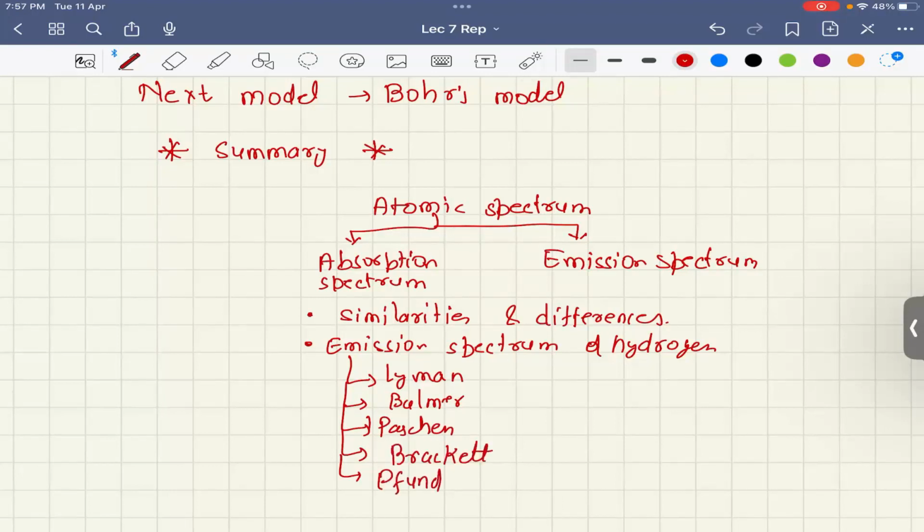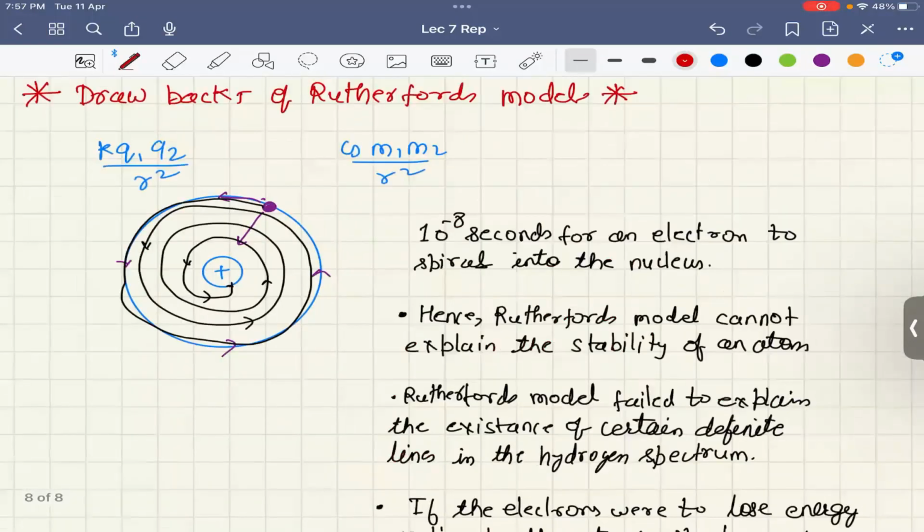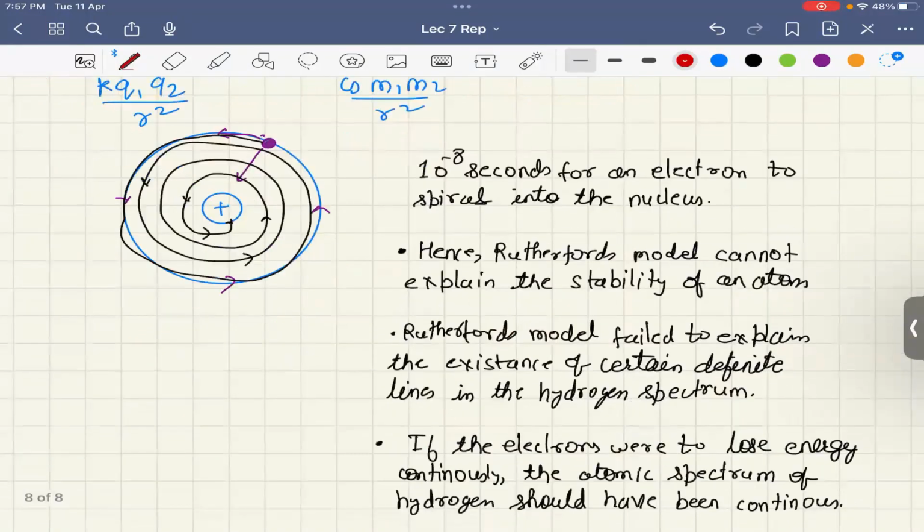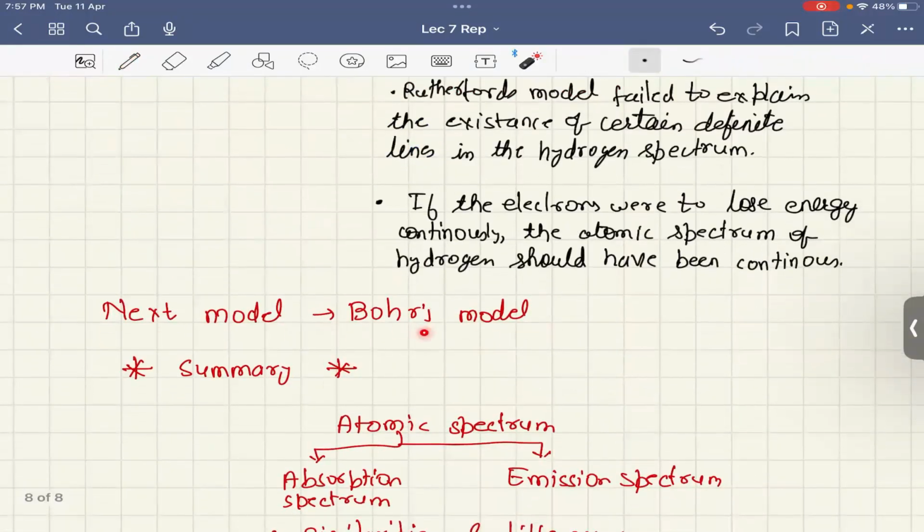Then we studied the different series of lines for hydrogen-like species. Then we solved some examples based on this concept, and finally we studied the drawbacks of the Rutherford model, that it could not explain the stability of the atom, right? And hence there was a need to develop a new model, which was given by Bohr, and this is what we are going to study in the next class.